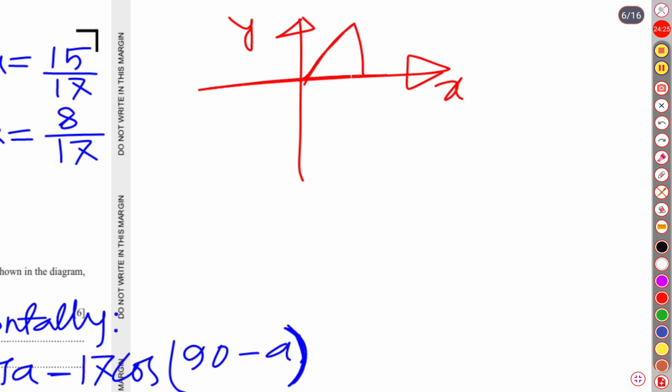Now this is angle, and our vertical resultant force is how much? Vertically we have got 7 Newton, and horizontally we have got how much? 25. This is 25.